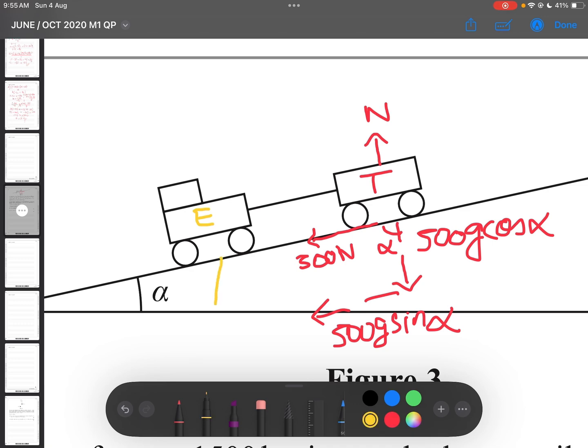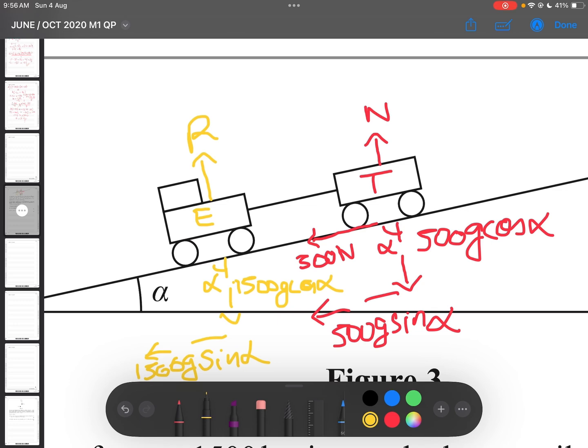Alright, now moving on to the engine. Its weight is acting vertically downward, but as it's on an incline, it also has components. So its components are going to be like this: 1500 g cos alpha and 1500 g sin alpha, because this is alpha. And I'm going to give the normal reactive force as R over here, because we don't know whether N and R are equal to each other, so let's give them separate letters.